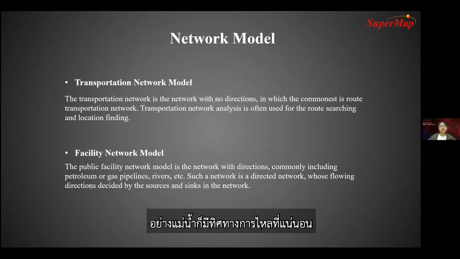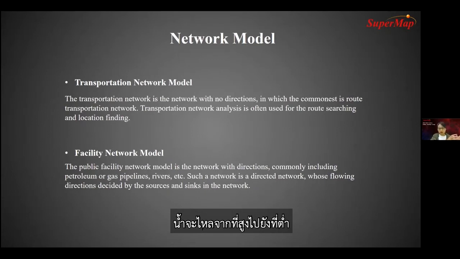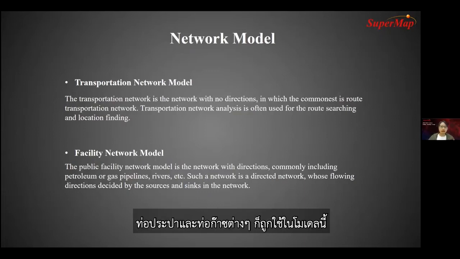Just like the rivers, they have flow directions. They must flow from a higher point to a lower point. So do gas pipelines and also water pipelines. This belongs to the facility network.